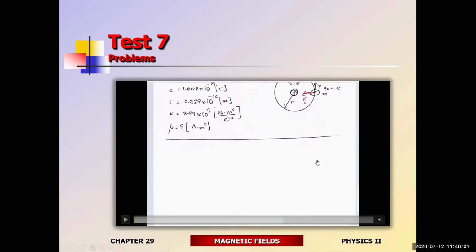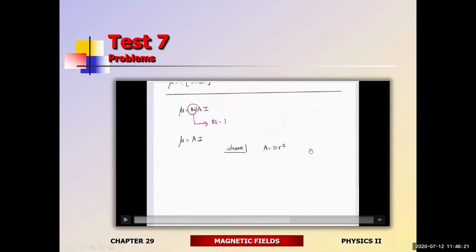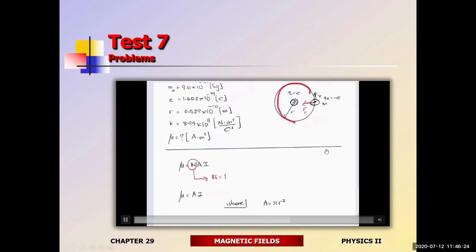So figure out the magnetic dipole moment. Here's the formula for the magnetic dipole moment: number of turns, the cross-sectional area of the atom, and the current within the atom. The number of turns is going to be 1 because we have only 1 electron. The area is the area of a circle because the electron is undergoing circular motion.